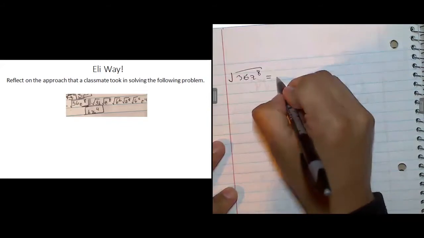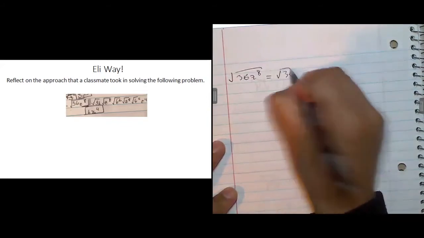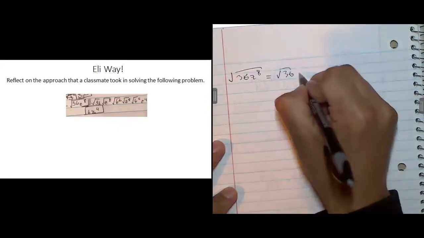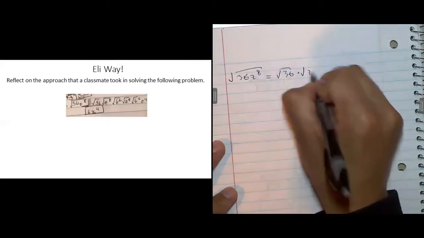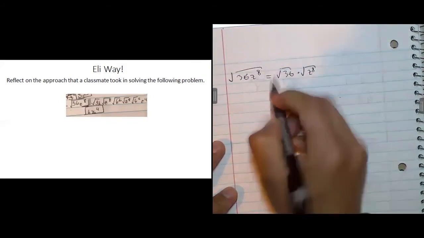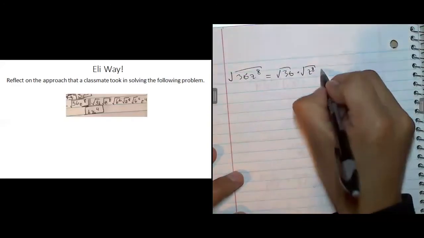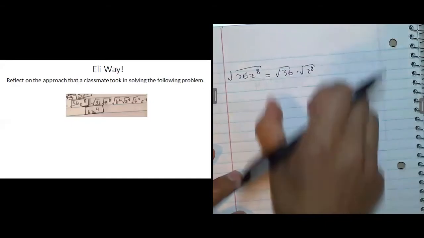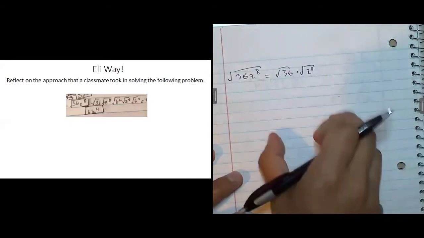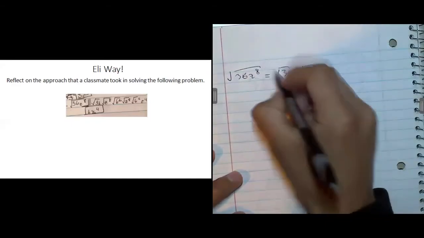And then she factored it into these 2 pieces using one of our multiplication rules for radicals. And then let's write this down instead of across.